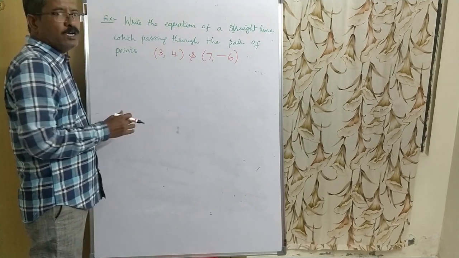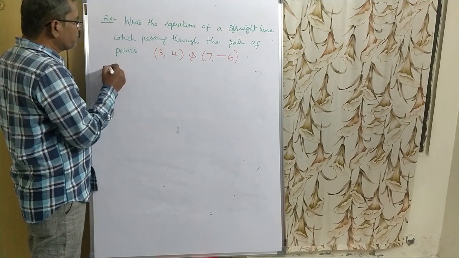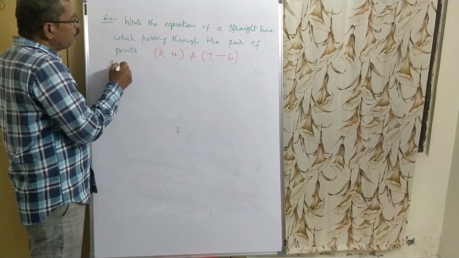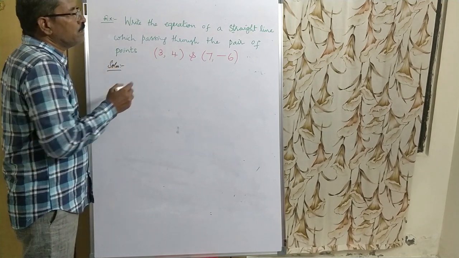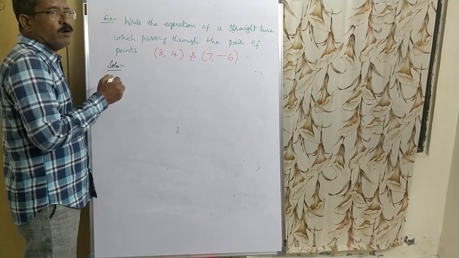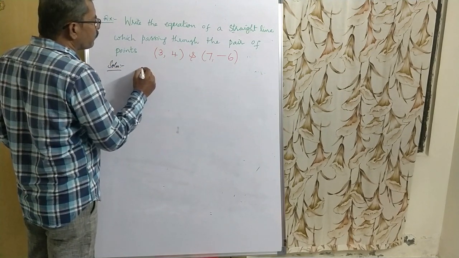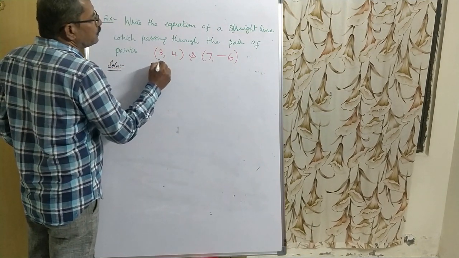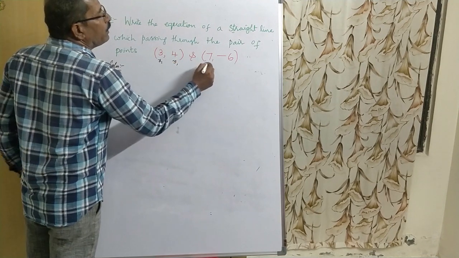So how can you solve this? Take the 2-point form. That is, x1, y1 and x2, y2 are given.